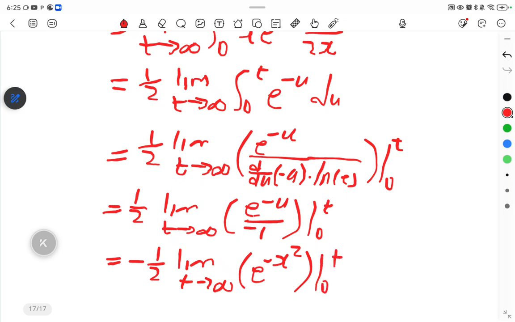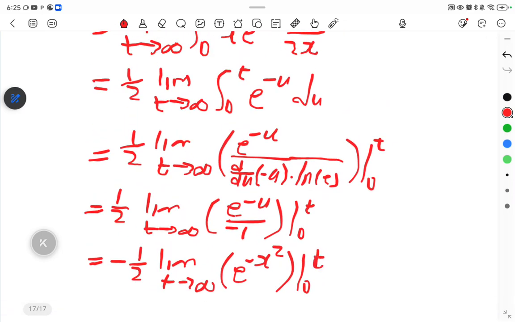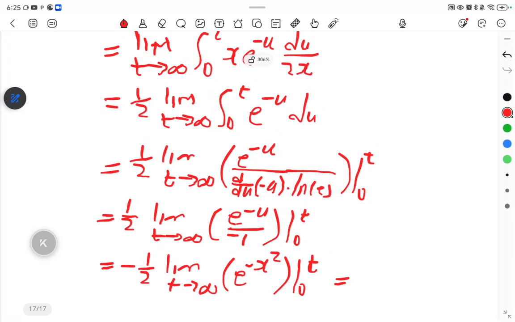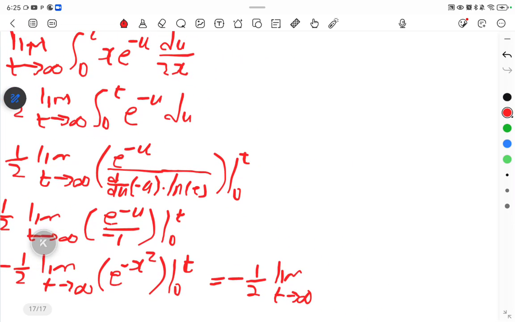And then from here, I can just work out this. Now I'm going to get a to the minus t squared, and then minus a to the minus 0 squared.